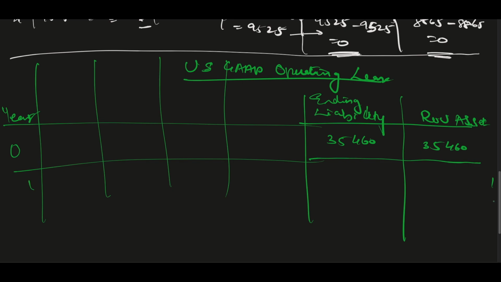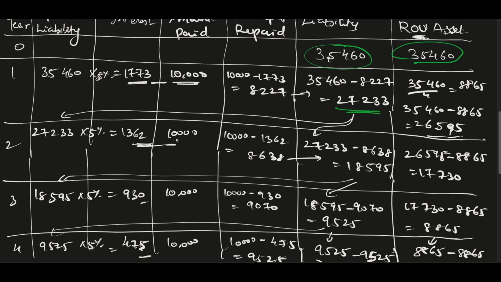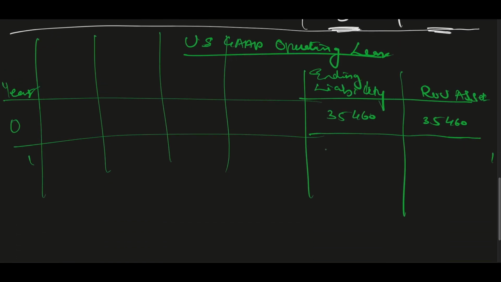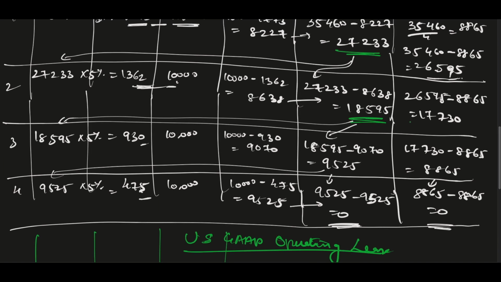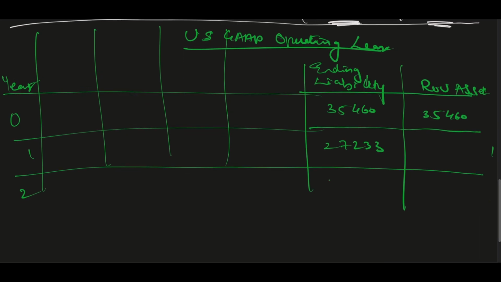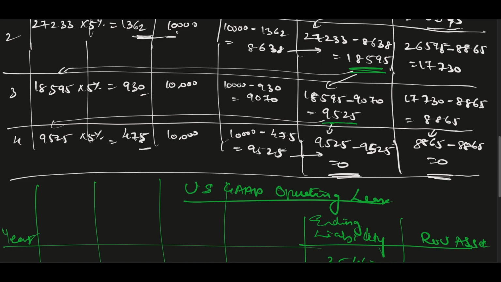For year 1, 27,233. Okay, so how I got it, all these are mentioned already here. So 27,233, I'm directly mentioning 27,233. Then for the second year it will be 18595, and third year 9525.